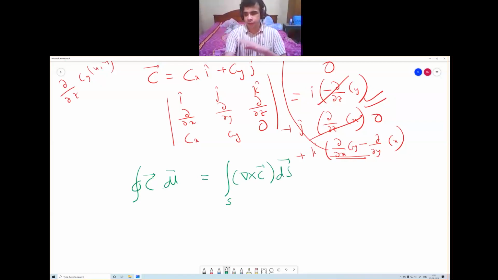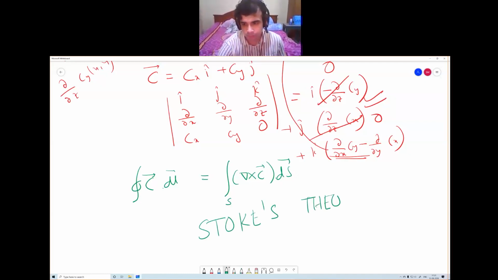So the circulation of a vector field along a closed loop is equal to the surface integral of the curl of that vector field over the surface of the loop. This is called Stokes theorem.